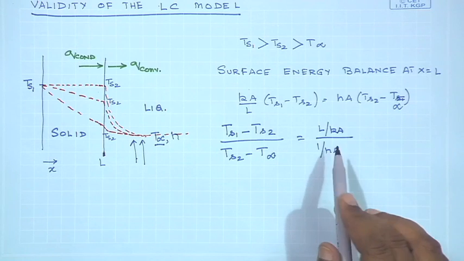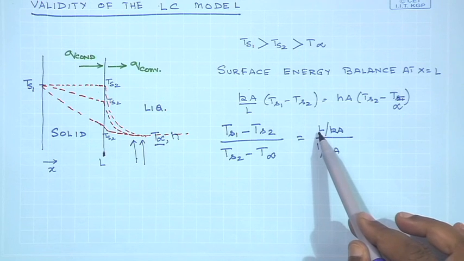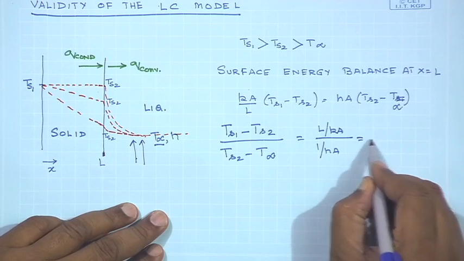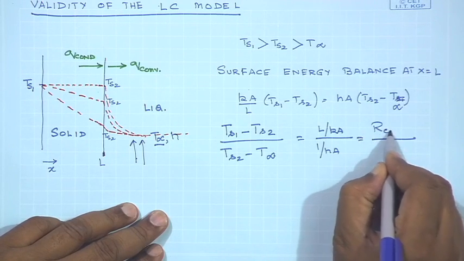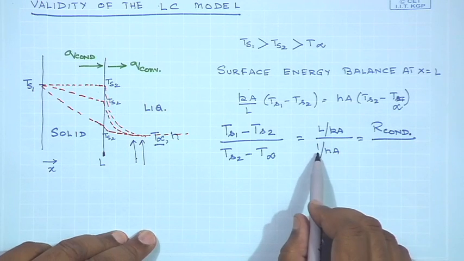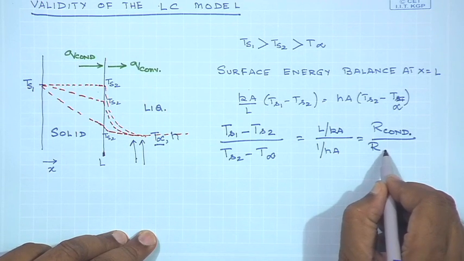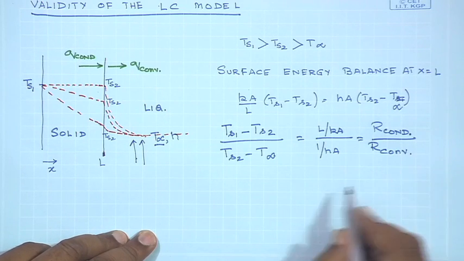If you recall from your studies of conductive heat transfer, you know that L by kA is simply the conduction resistance, the resistance due to conduction, and I have just described that 1 by hA is nothing but the resistance due to convection.